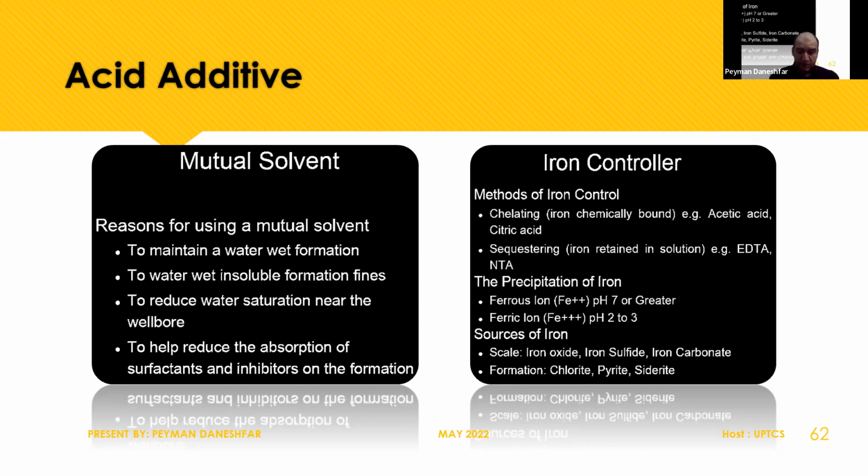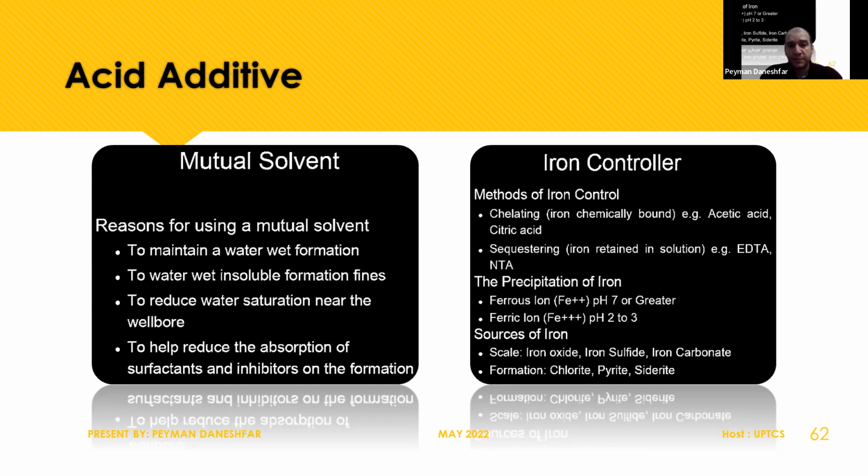And another important one is the iron controller. What is the iron controller? One of the bad formation damages caused by acidizing is secondary precipitation. When we do an acidizing job, the iron ions are released, and when they are released, they want to settle on a permeable zone.